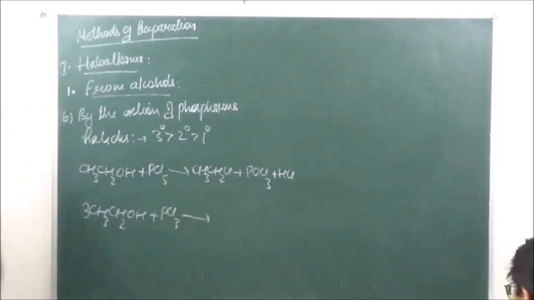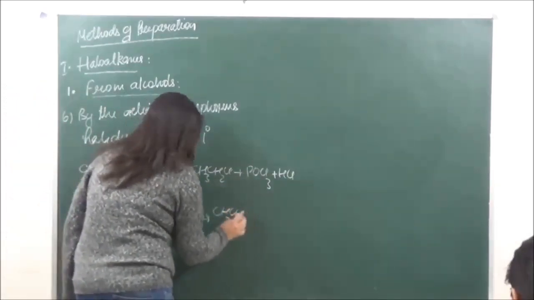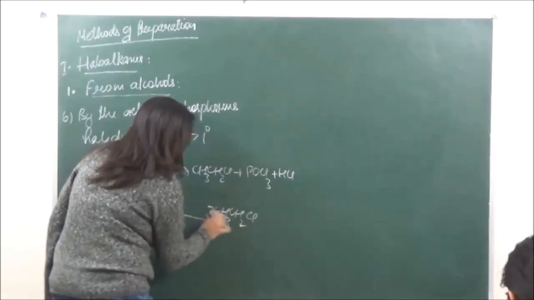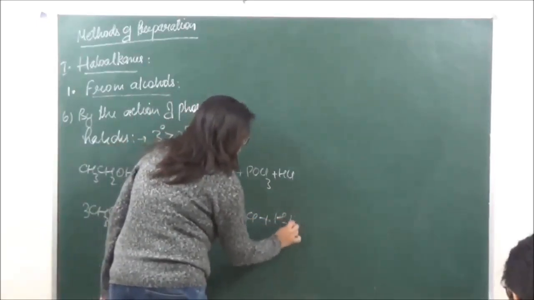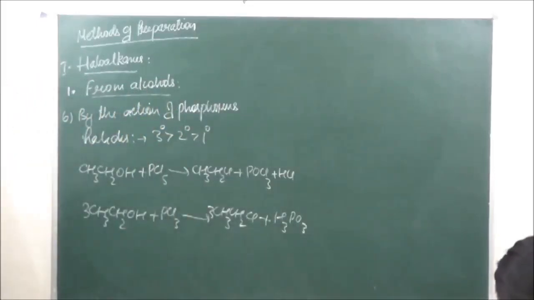Okay, so when we react with PCl3, we are going to get CH3CH2Cl plus phosphorus acid, H3PO3, right? So the order of reactivity is again the same, 3 degree, 2 degree and 1 degree.